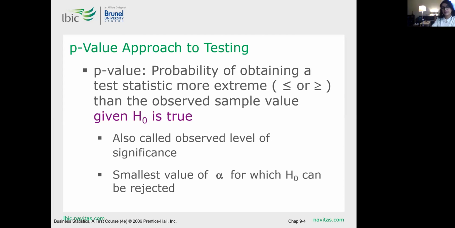If we obtain a test statistic that is less than or equal to a specific value, then we either accept the null hypothesis or reject it. So we look at the smallest value of alpha for which the null hypothesis can be rejected.